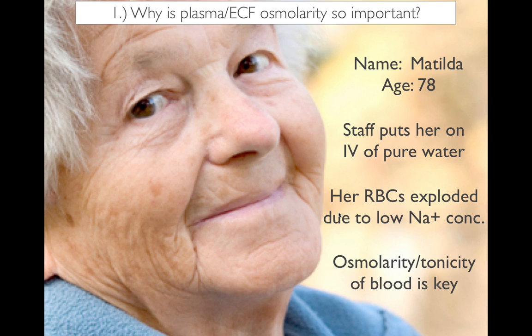If it gets out of whack, cells in your tissues could either expand or shrink, depending on whether their surroundings are hypotonic, isotonic, hypertonic, whatever. So what we need to do is to make sure to maintain osmolarity to maintain proper cellular function. The kidneys are going to allow us to do that.